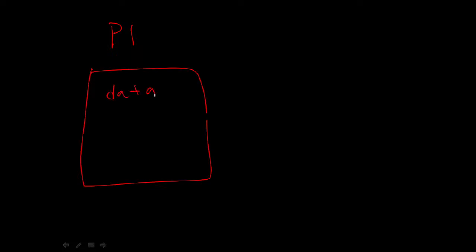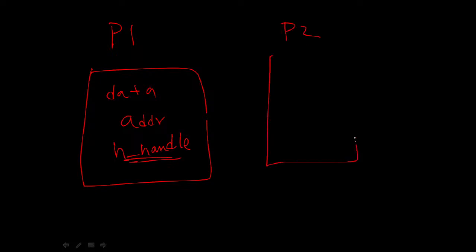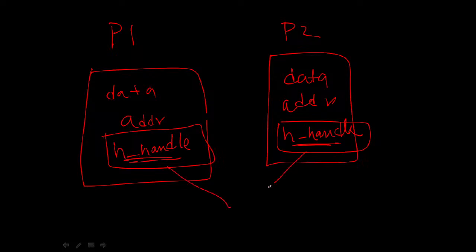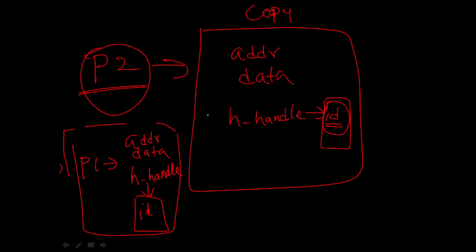In the shallow copy, p1 consisted of data and address and h underscore handle, and p2 consisted of a different set of data and address and h underscore handle. But here these two handles were pointing towards the same object, only the same object. That was the difference. But in the deep copy, these two h underscore handles are pointing towards different objects, okay.